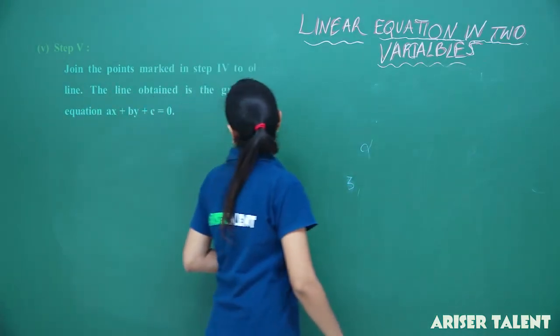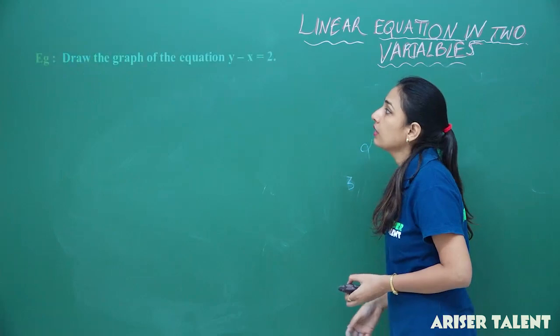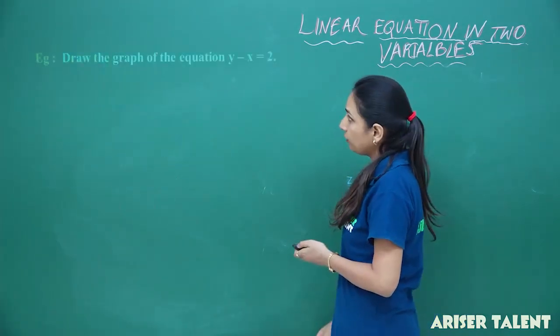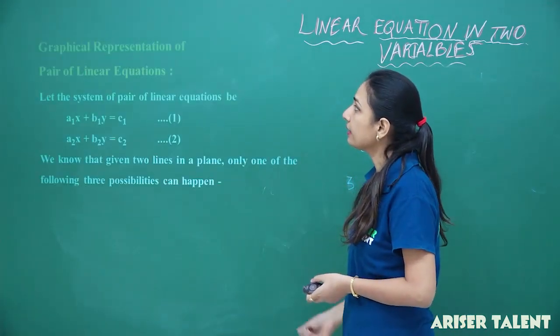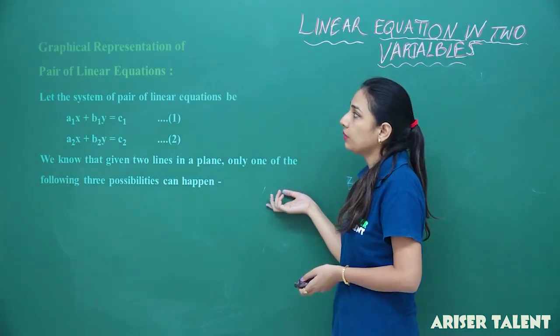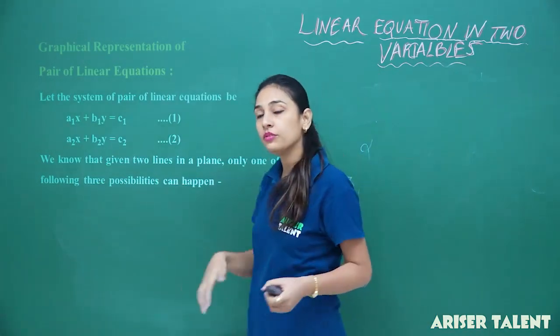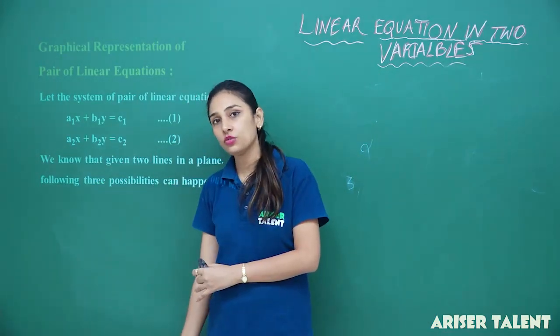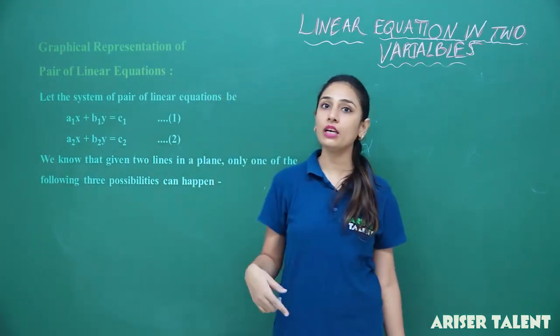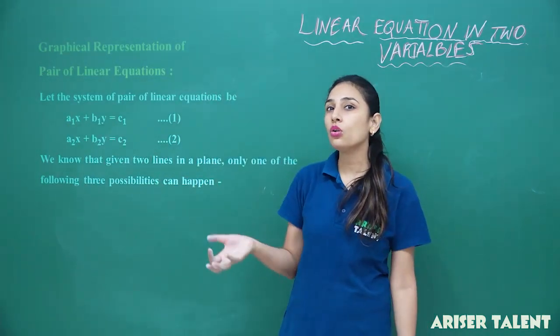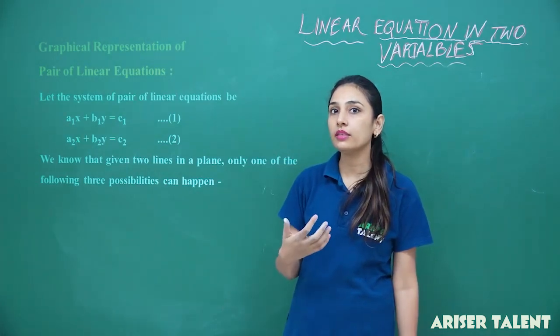Okay. Now we have drawn some graphs, the graphical representation of a pair of linear equations. Now, students, we have understood the graph concept and we have found that it is not always possible to draw everything as graphs.